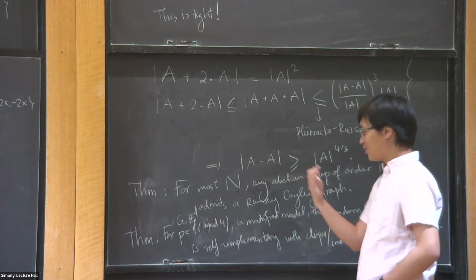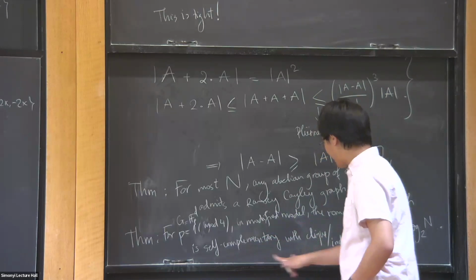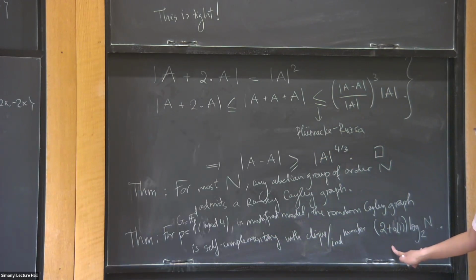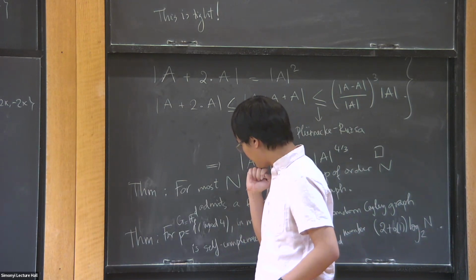Maybe I won't go into the details of why that is needed. So they ask if there exists a self-complementary Ramsey Cayley graph, and this in particular addresses in a strong sense the question of Alon and Orlitsky.